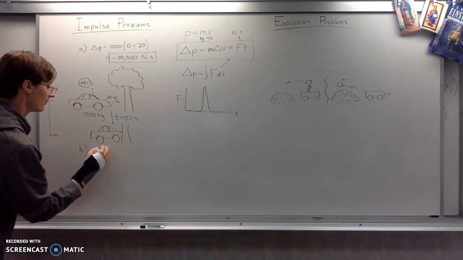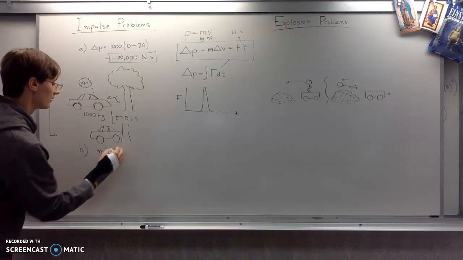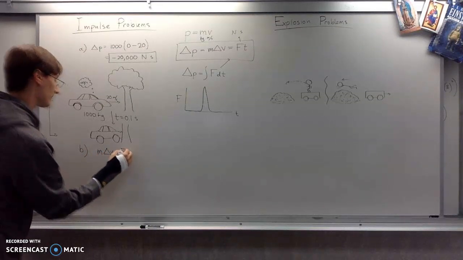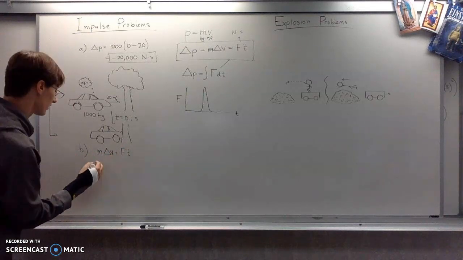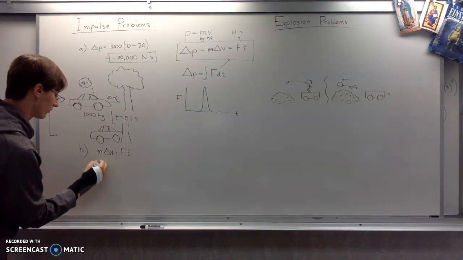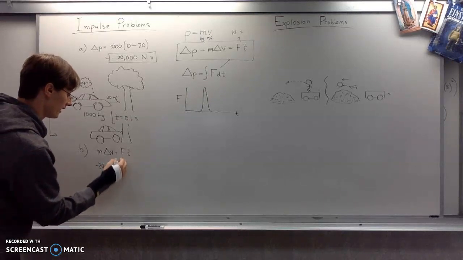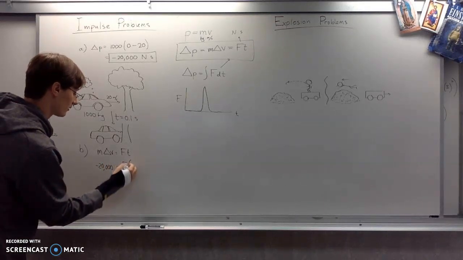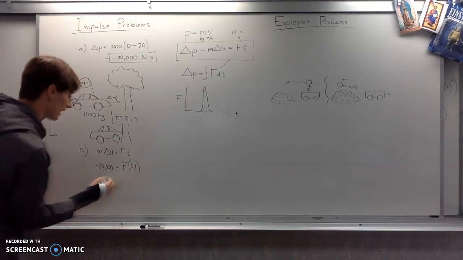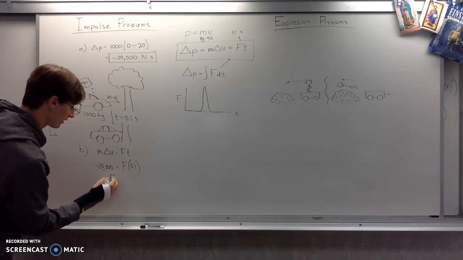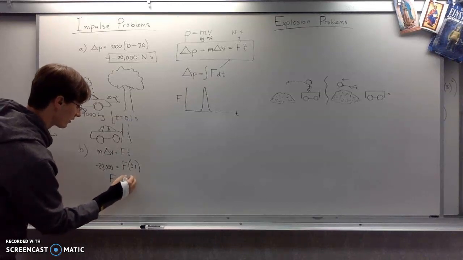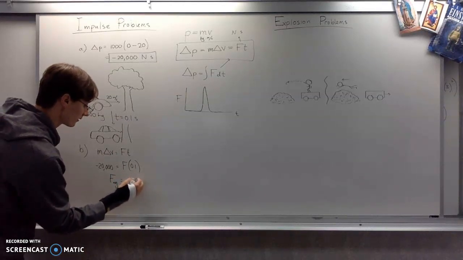If I say m delta v equals Ft, the impulse I already calculated was negative 20,000. And then the time interval is only 0.1 seconds, so that means that the average force is 200,000 newtons.